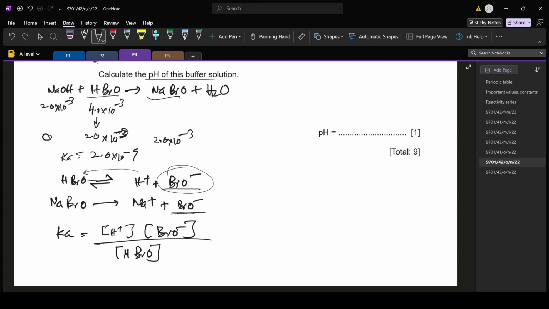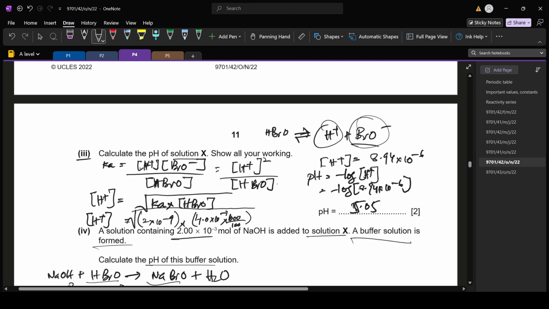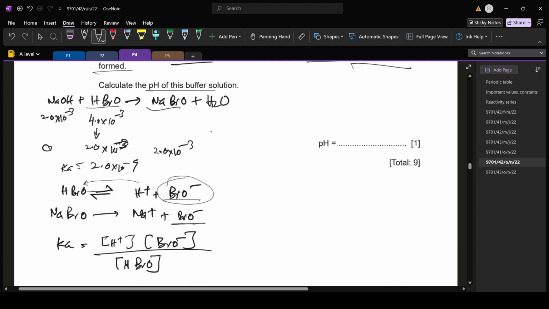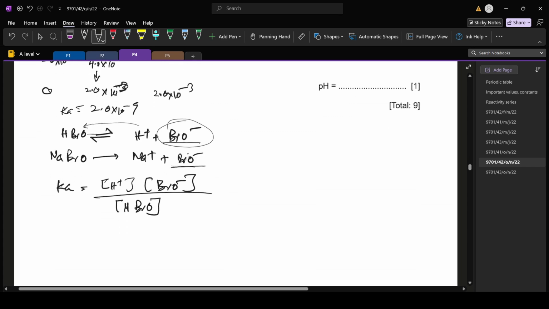But now the concentration of H plus ions and BrO minus will not be the same. Like we did in the previous question, where they were the same. But in this reaction, it will not be the same because BrO minus is coming from two sources. So how will you calculate the value of H plus ions?